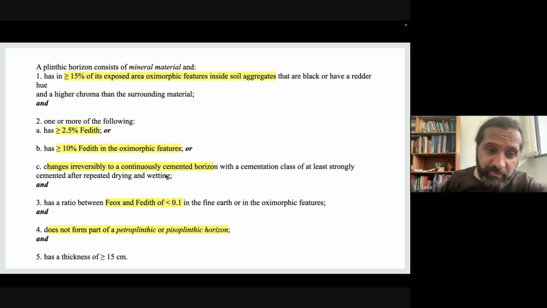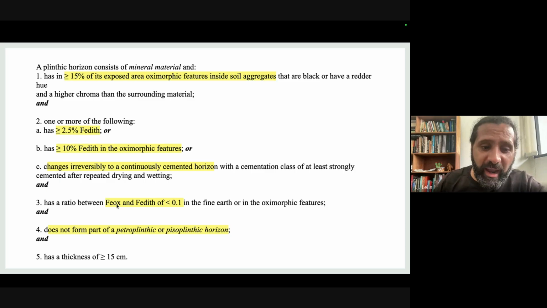This also could be something that allows you to identify the plintic horizon. Another option is a ratio between iron extracted by ammonium oxalate and iron extracted by citrate, bicarbonate, dithionite of 0.1.